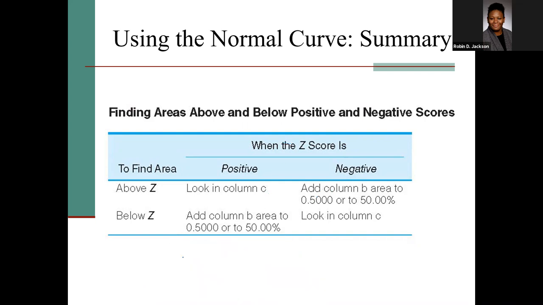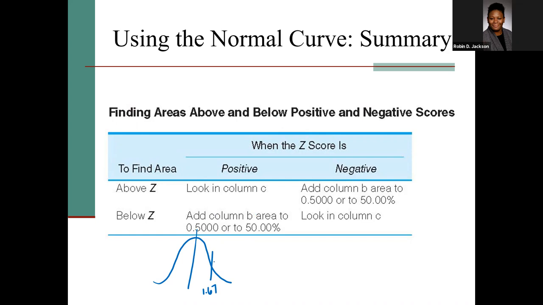Now, if you are looking at something and it's below the Z, and we're dealing with a positive Z-score, there's something at the bottom of my screen that won't let me write that. So just know that line is your mean. But let's say you have a positive Z-score of 1.67, one of our examples from before, and you want to look below the Z-score.